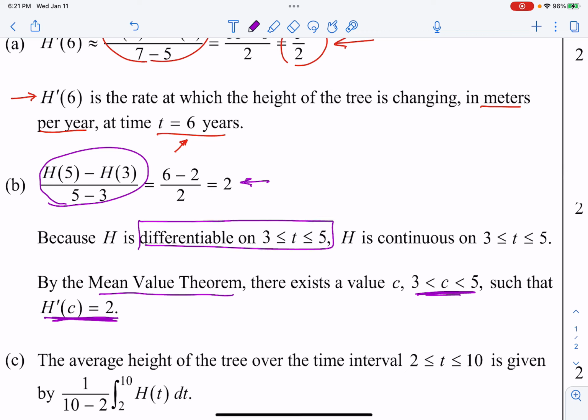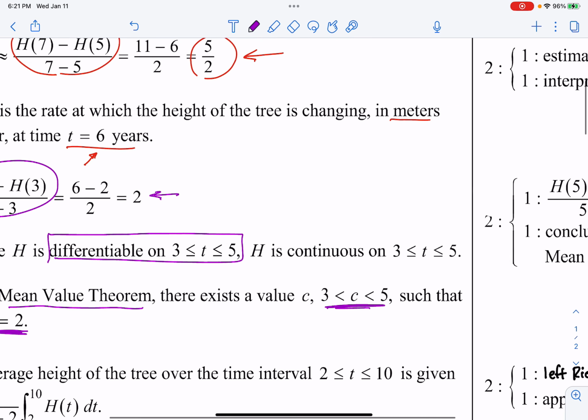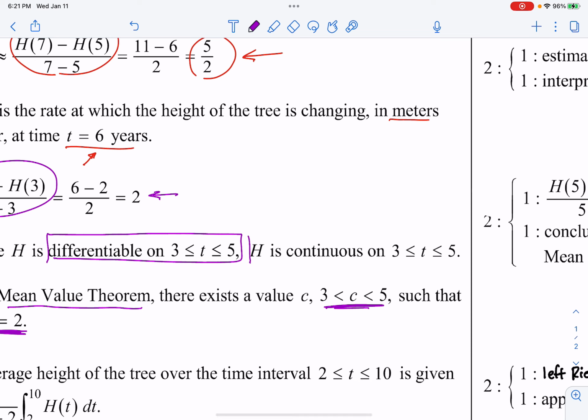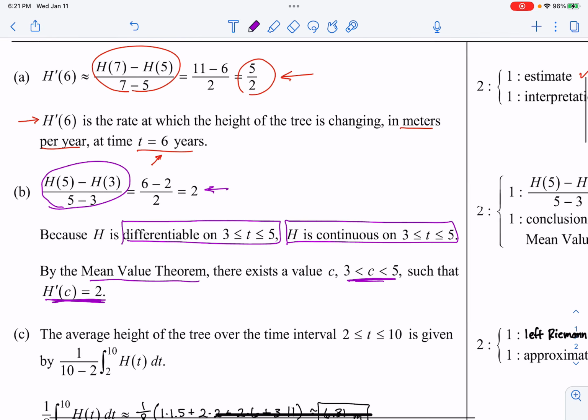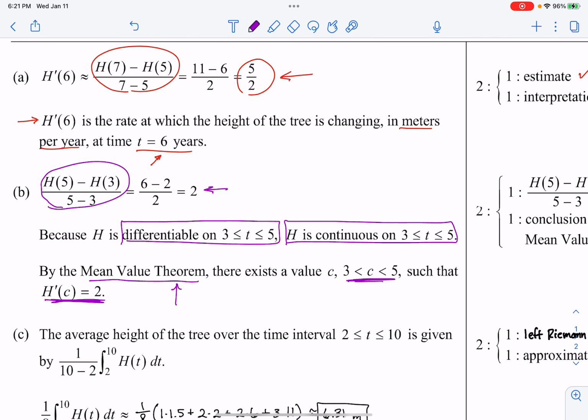But that is a requirement for the mean value theorem. So it does kind of need to be said. And they also mentioned that h is continuous from 3 to 5. These are things, I think I mentioned the continuity verbally, but I didn't actually write it down. So what they might say is, well, we didn't justify that we could actually use that theorem, and so we didn't use it in a valid way.